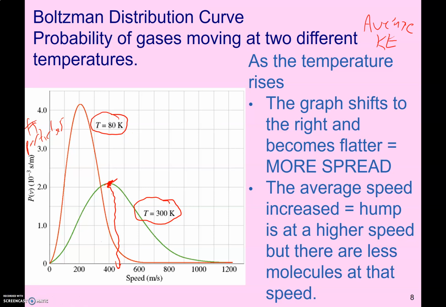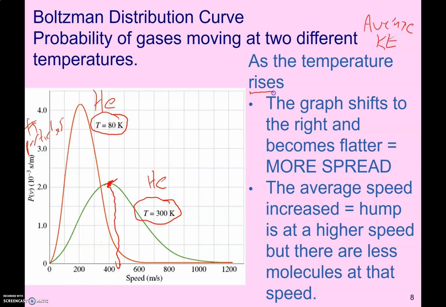So let's just summarize this again. Okay, so if you were drawing, so this is speed, right? And this is the number of particles, and these are gases at 2 different temperatures. So let's say we have helium gas at 80 degrees Kelvin and 300 degrees Kelvin.